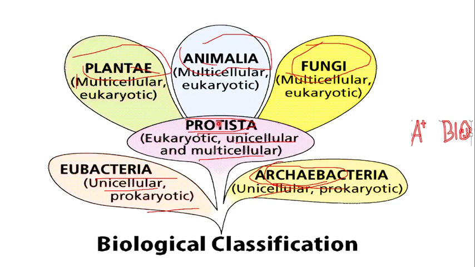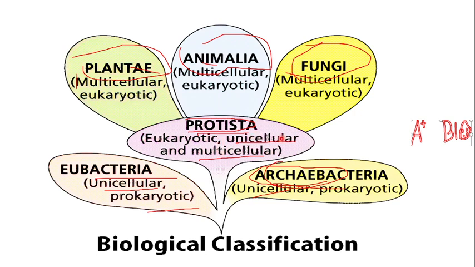When you come to the level of Protista, they are in between. Usually they are eukaryotes, but when you reach multicellular and unicellular, they can be both. We have unicellular Protista, like amoeba. I'm sorry, yeast is a fungus, it is not Protista.